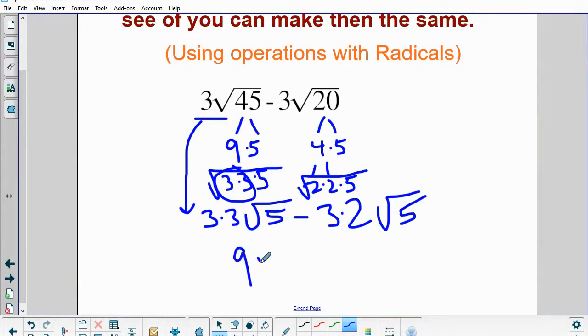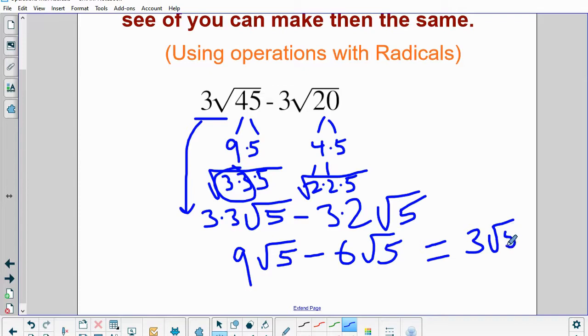So 9 square roots of 5 minus 6 square roots of 5. What is 9 minus 6? Well, that happens to be 3 square roots of 5. So there you go. Hey, this is not looking too bad. So this does look very simple compared to what we started with, right?